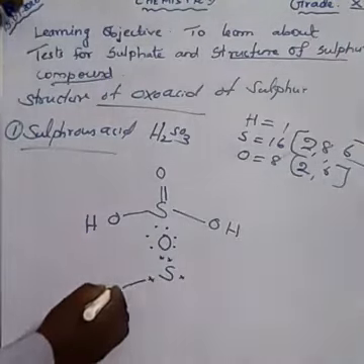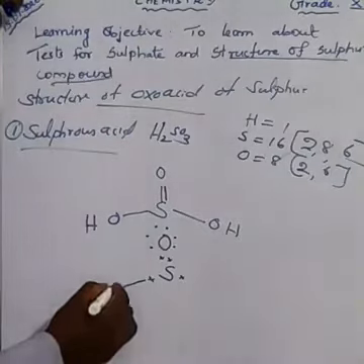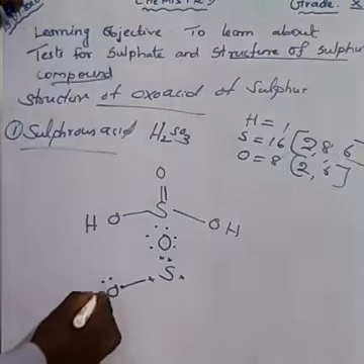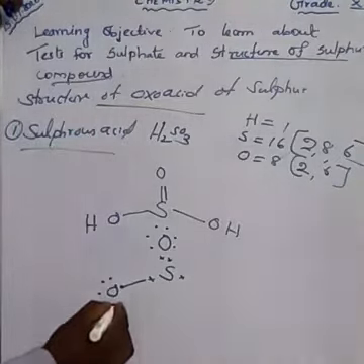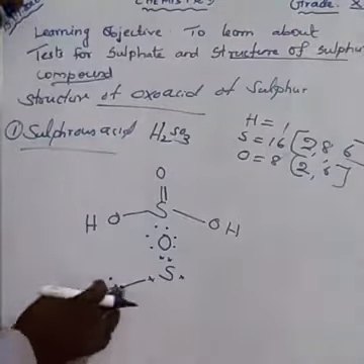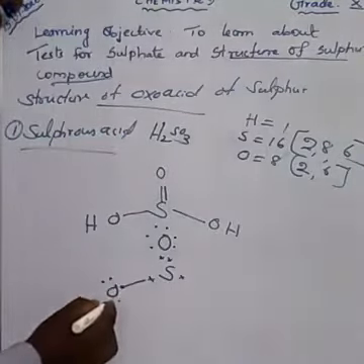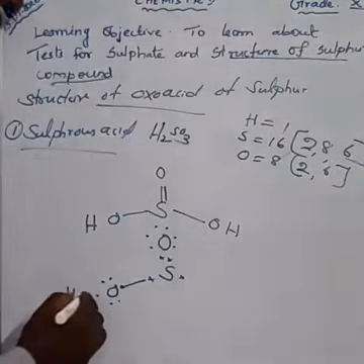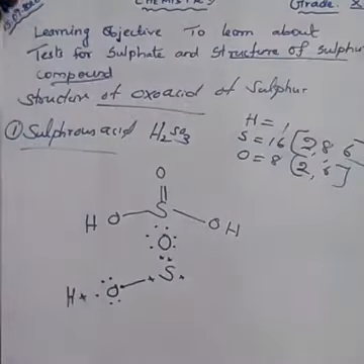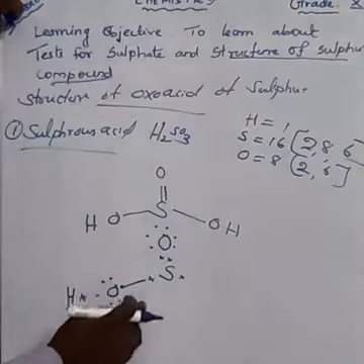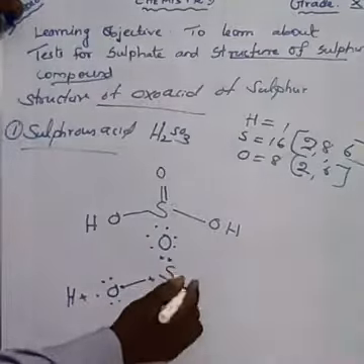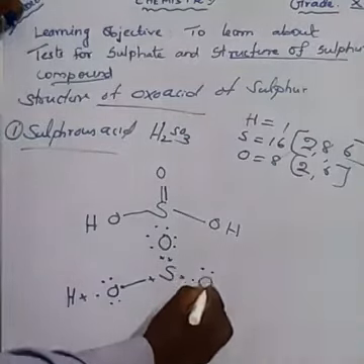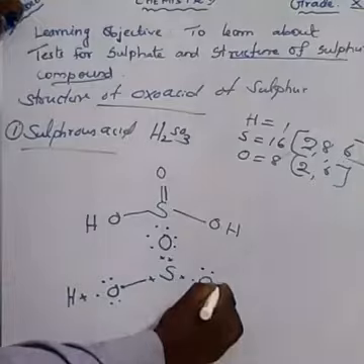This is for oxygen. 1, 2, 3, 4, 5, 6. Next one I have hydrogen. Next about sulfur. This side, sulfur, oxygen, 1, 2, 3, 4, 5, 6.